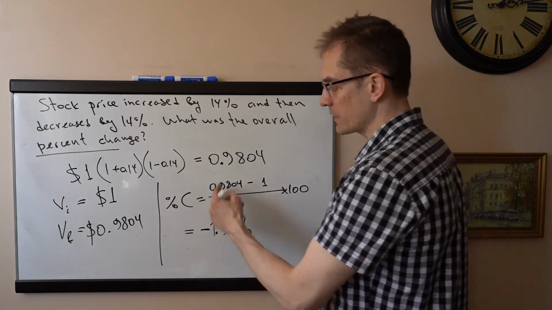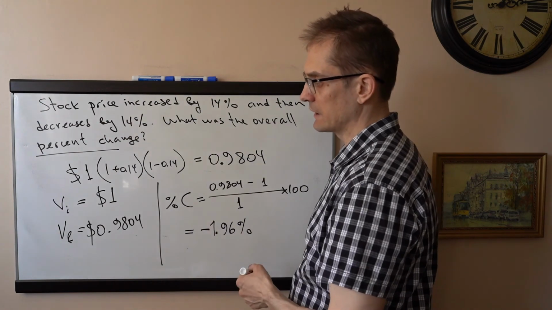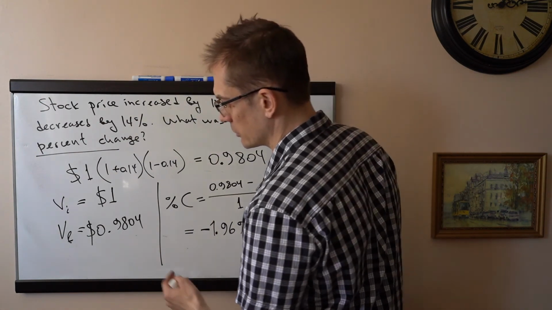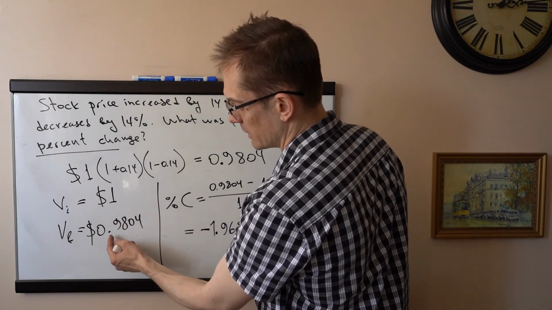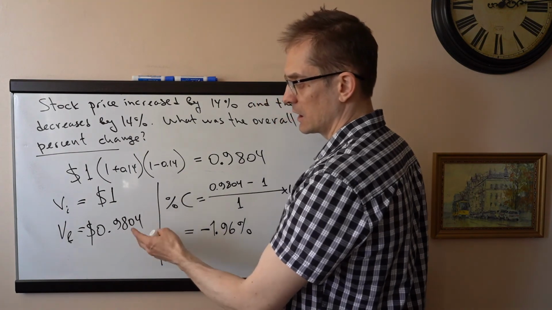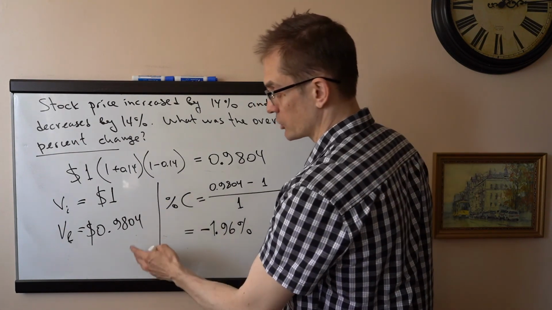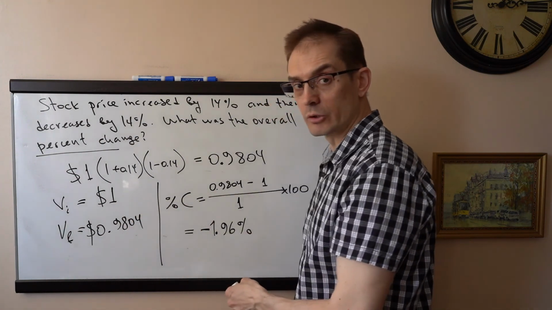But even without the formula, there is even some straightforward analysis you can actually execute. Basically, you can see that initial value $1 became 0.9804. So right away you can see in terms of rate per one what change it is. So you can see it's a negative change because $1 became a smaller amount.